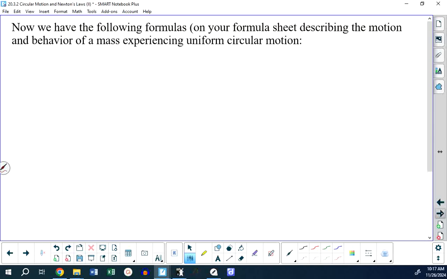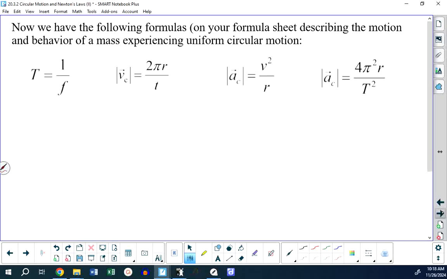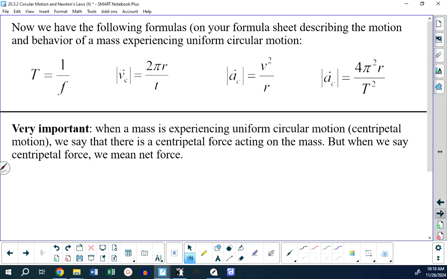So now you've got the following formulas. That, this, and this, and these are on your formula sheet. What's not on your formula sheet are these 2. And I want you to ponder what I've done there. The centripetal force will have a magnitude of the mass times v squared over r.